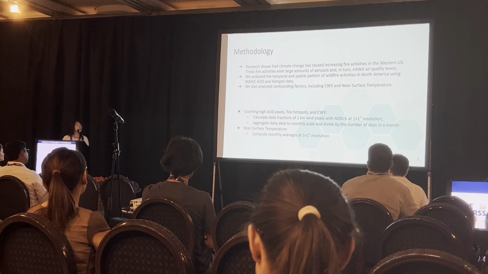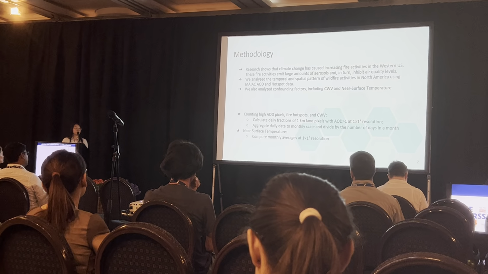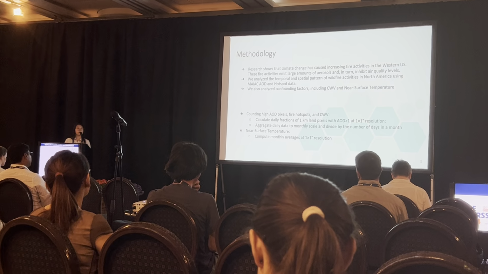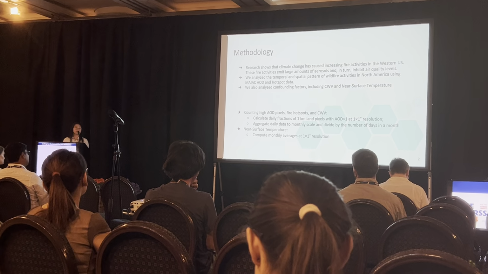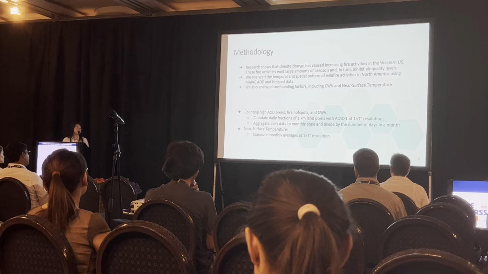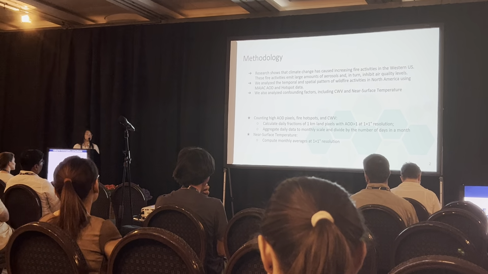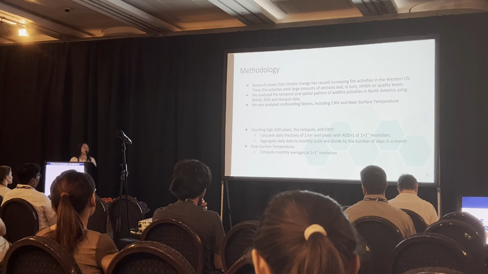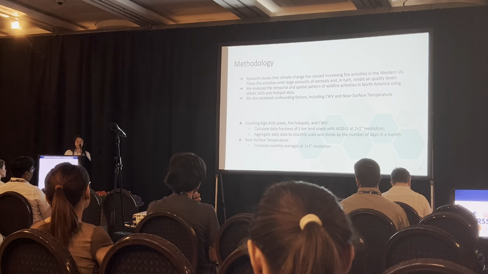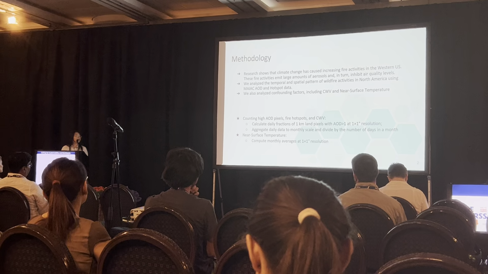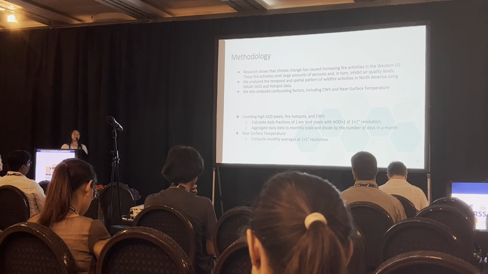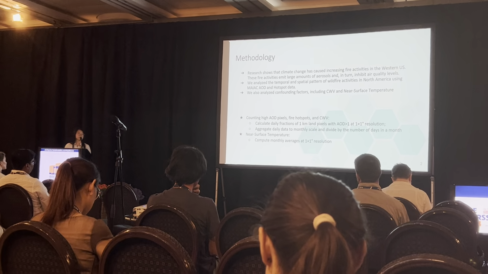We performed a similar procedure to account for the number of fire hotspot pixels in the area, as well as the number of column water vapor pixels. Then we extracted data from NOAA to calculate the near surface temperature anomalies, and that was also resampled into our 1 by 1 degree boxes for easier analysis.